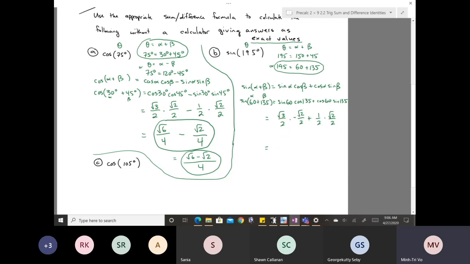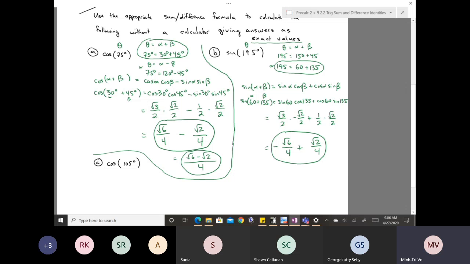And then again, we can multiply the two things. So this is minus square root of 6 over 4. And this is plus square root of 2 over 4. Yes, you're right, 2 times 2 is 4.